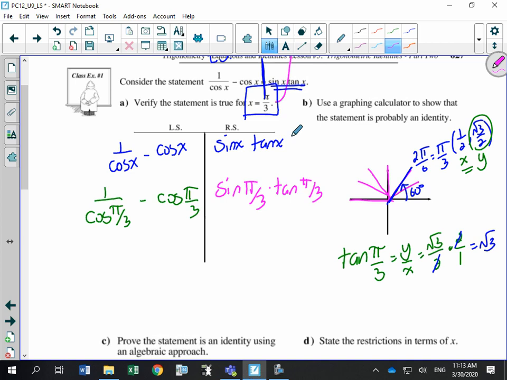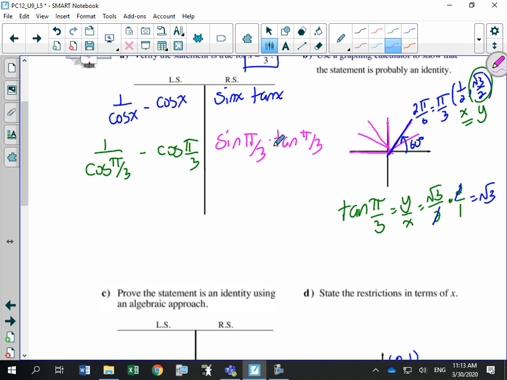Okay. When we're verifying an identity or verifying something is true for a given value, we don't need to worry about which side we start with. So starting with the most complex side, I don't need to worry about because I'm going to be plugging in x is equal to pi over 3 to both of these. Now, 1 over cos of pi over 3. So cos at pi over 3 is 1/2.